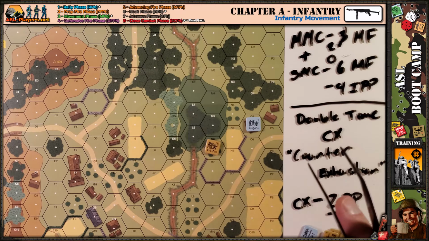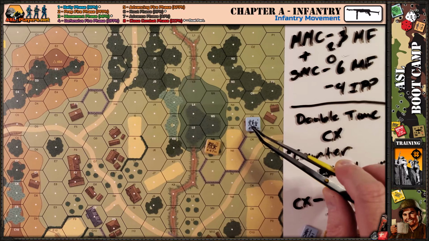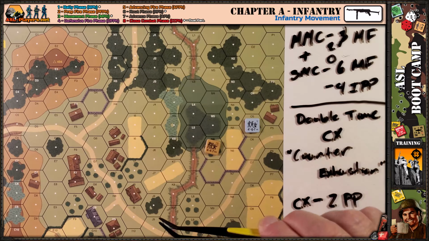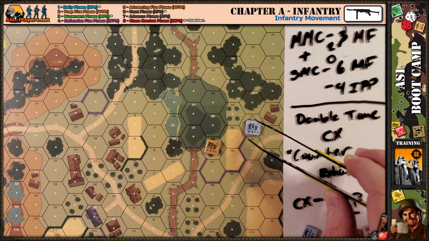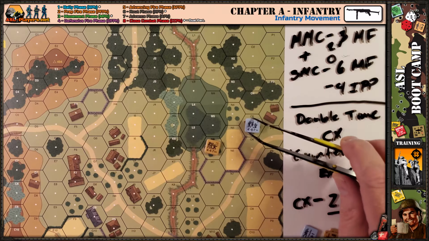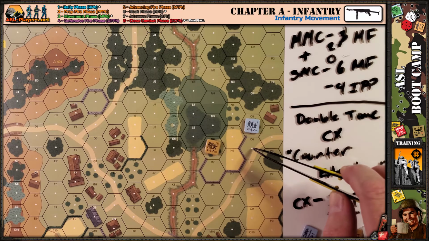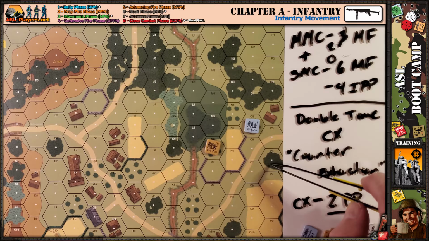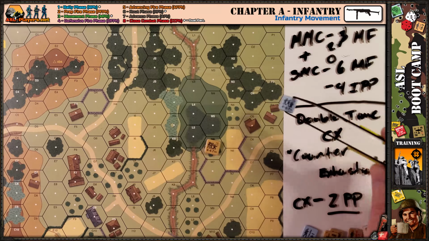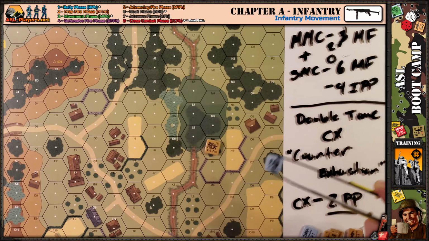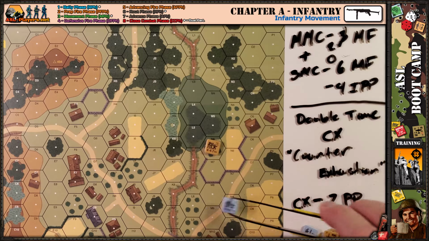The only way a dash can be declared is if you haven't expended any movement factors for that unit yet, you are in a non-open ground hex, and you dash across a road location into a non-open ground hex. That's the only way you can declare a dash. I can't declare a dash going from here to here across this road.